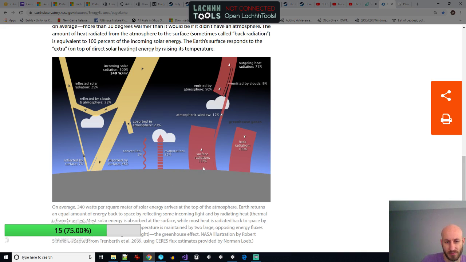But the Earth, even though it's not that hot, everything above absolute zero emits some radiation. So based just on the temperature of the surface of the Earth, it's emitting some radiation.